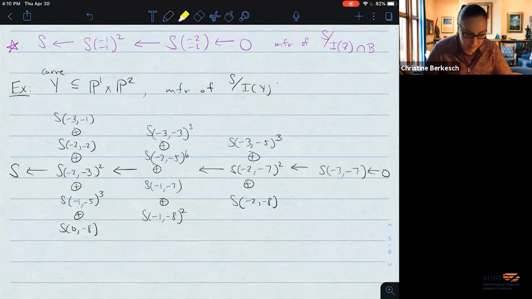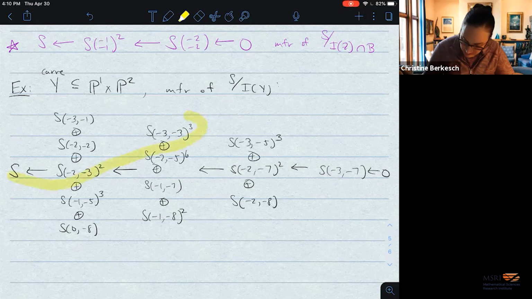I'll give you here one virtual resolution that works in this setting, which I'll highlight in yellow. So it's this 1, 4, 3 complex you see.